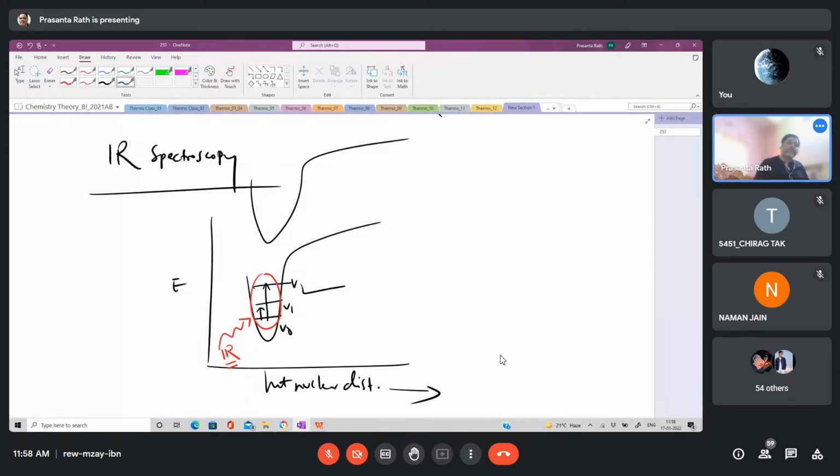तो वाइब्रेशनल ट्रांजिशंस को स्टडी करने के लिए या मॉलिक्यूलर वाइब्रेशंस को स्टडी करने के लिए आपको इतनी ज्यादा एनर्जी की जरूरत नहीं है.